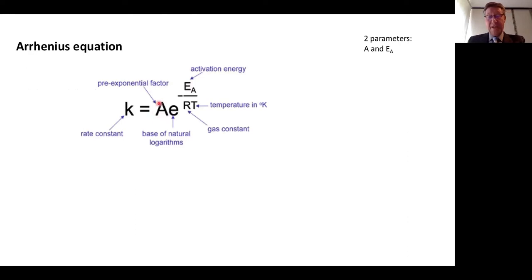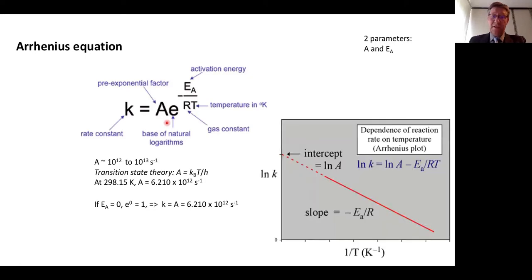Now, the pre-exponential factor basically is the maximum rate that the reaction can attain, because if the activation energy is 0, then this becomes 1, and so then you have the maximum rate. This rate is roughly 10 to the power 12, 10 to the power 13 per second. If you look at transition state theory, then it is kBT over h. So that gives the order.